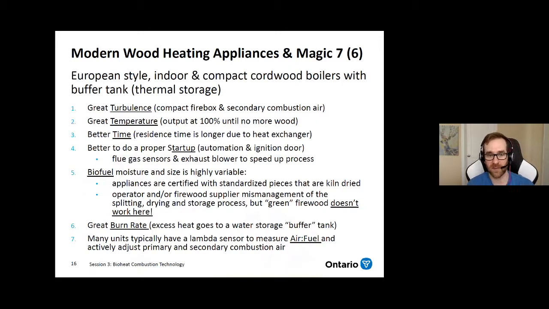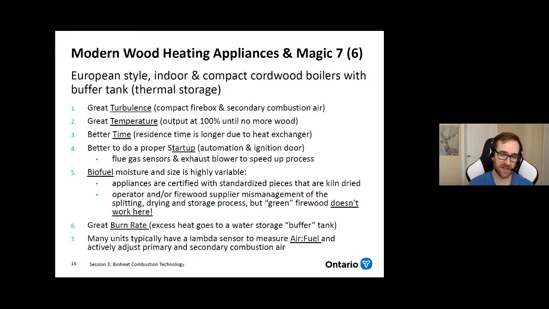Now for the European style units, they're typically indoor and they're a lot smaller, so they wouldn't have like a 200 or 300 or 400 gallon water jacket around the firebox to capture that extra heat as they cycle on or off. But they'll have what's called a buffer tank, which is a tank that is separate from the unit.